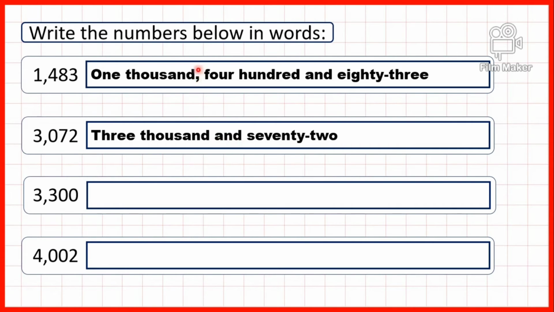Now that's because when we write a number in words, the comma separates the thousands and the hundreds. But for this number here, we didn't have any hundreds, we had a 0 as our hundreds digit. So rather than a comma after the word thousand, we just wrote and then the rest of our number. But when numbers are written in digits, even if the hundreds digit is a 0, we still usually have a comma to separate the thousands and the hundreds.